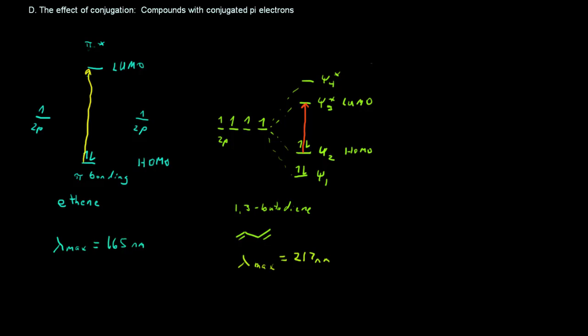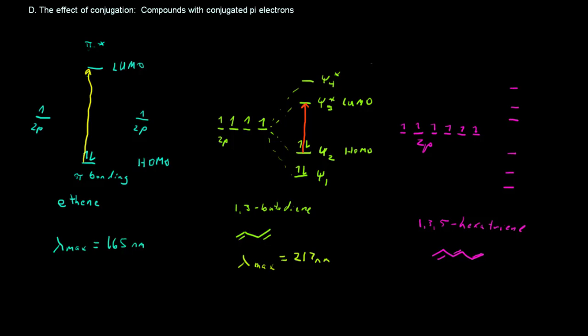So let's take a look at one more example here, and that is 1,3,5-hexatriene, which has a more extended conjugated pi electron system. So now 6 2p orbitals will be combining to form 6 new molecular orbitals, 3 of which are bonding and 3 of which are anti-bonding.